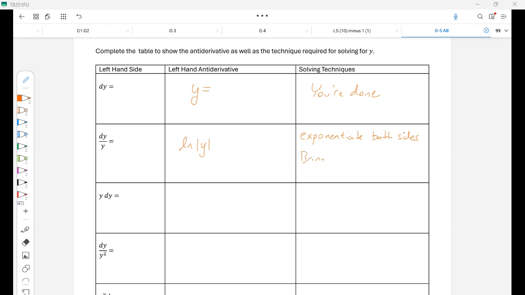Bring the c out of the exponent. And lose the absolute value bars. Again, the way you lose absolute value bars is by putting a plus or minus. You're putting that plus or minus in front of a number that could be anything, so it's not serving any purpose.